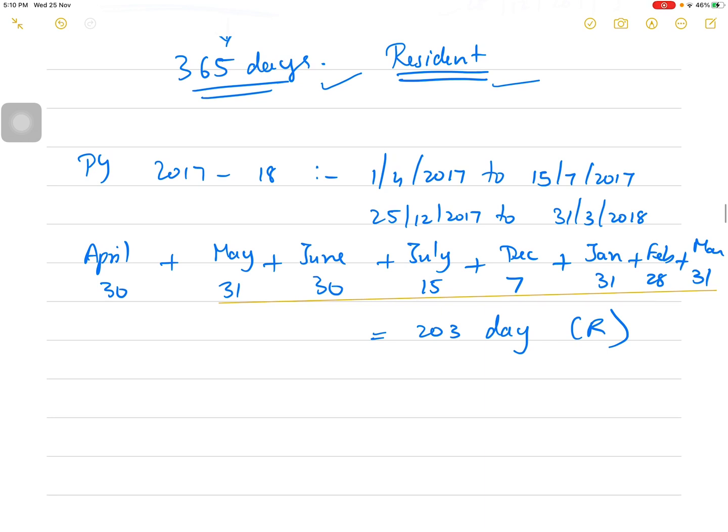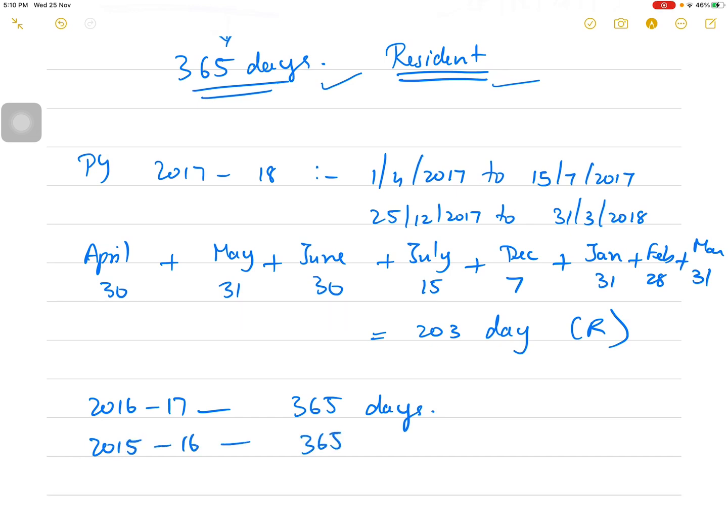Now the preceding year 2016-17 he was in India for 365 days. During the year 2015-16 also 365 days. So resident.